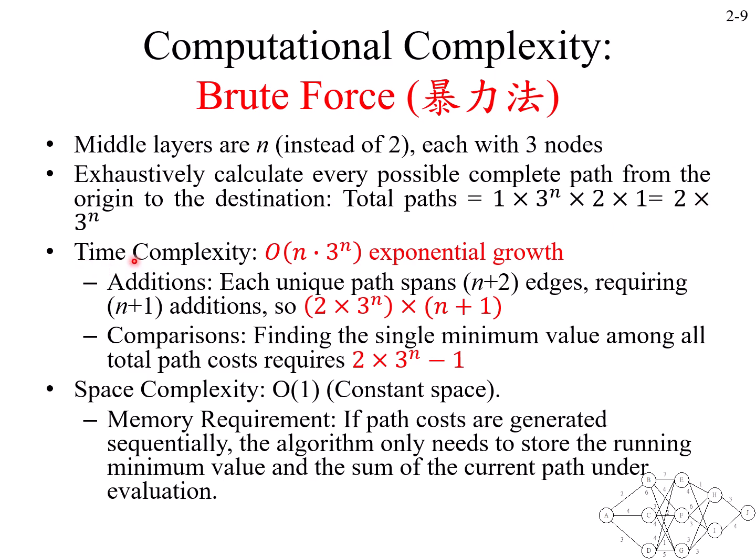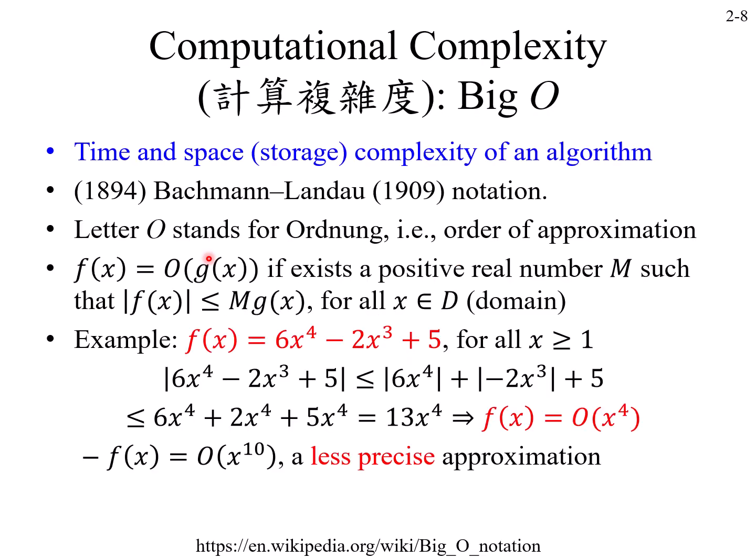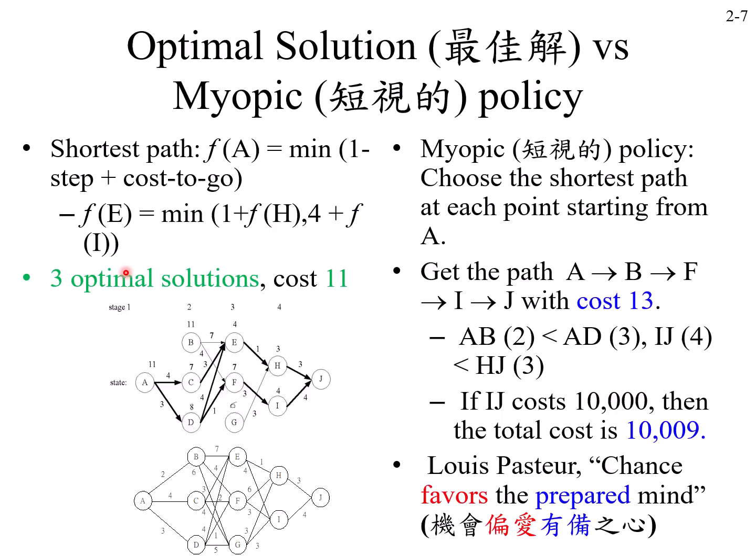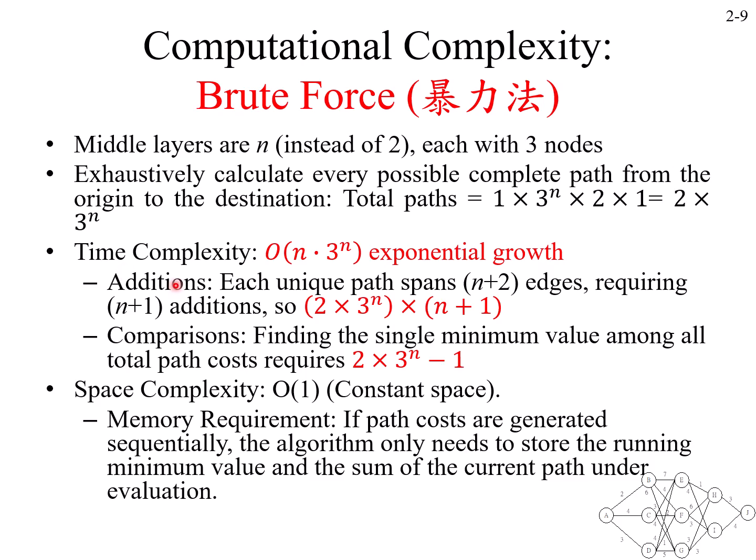And time complexity, they are actually from the previous example, right? You can see there are 2 operations: addition, and one is comparison. So you need to compute these 2 operations. For addition, there are n plus 2 stages, each requiring n plus 1 additions.